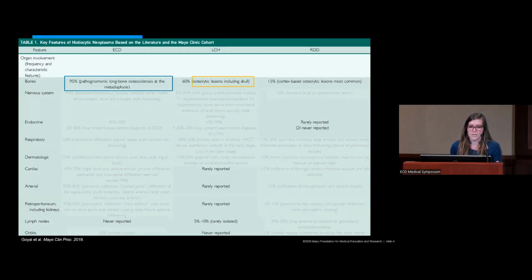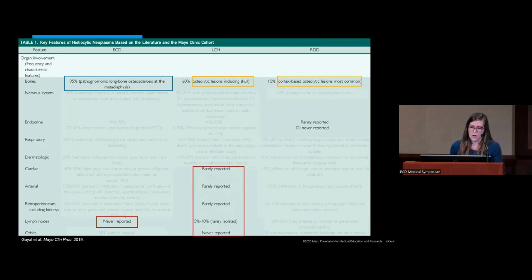And that's in comparison to LCH, which is going to be a lytic lesion, most commonly involving the skull, and then also RDD, which is also going to be a lytic lesion, in contrast to the sclerotic lesions in ECD. In ECD, we rarely see lymph nodes, so that's an important thing to mention.